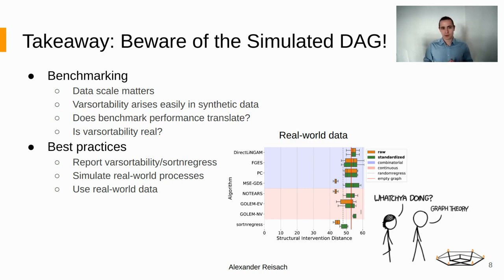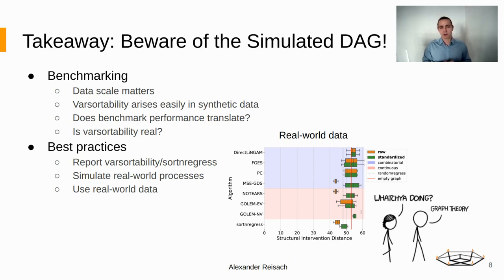Second, we've seen that varsortability arises easily in synthetic data. Now, the question is, does that also happen in real-world data? If varsortability is real, then some of these algorithms can achieve great results also in the real world, and sort and regress could in fact too.